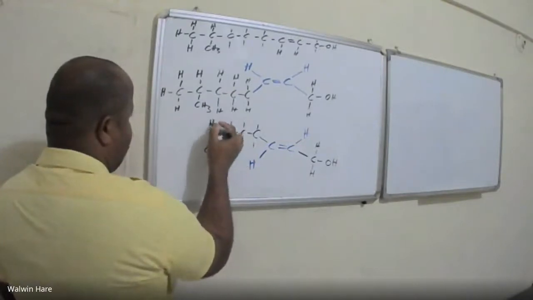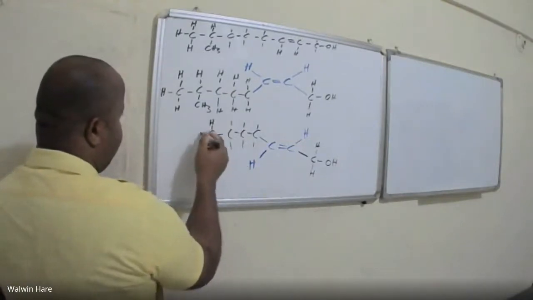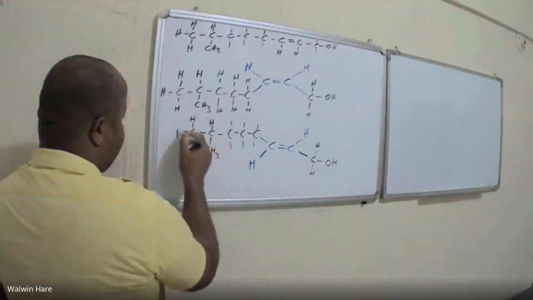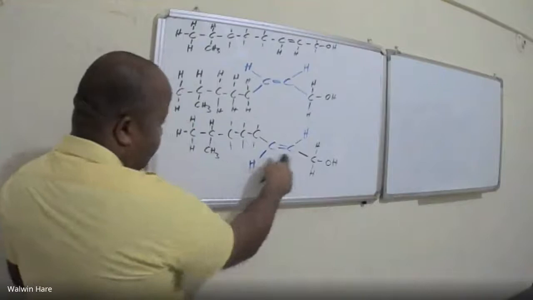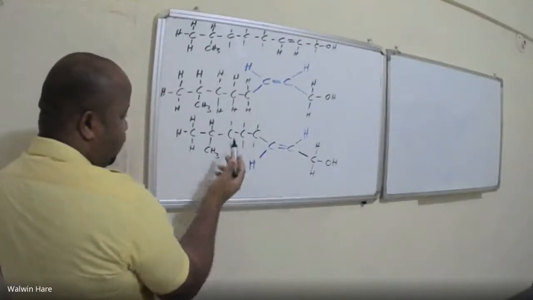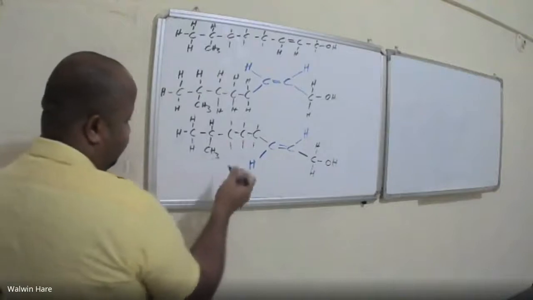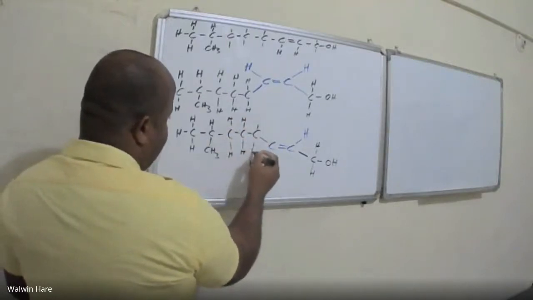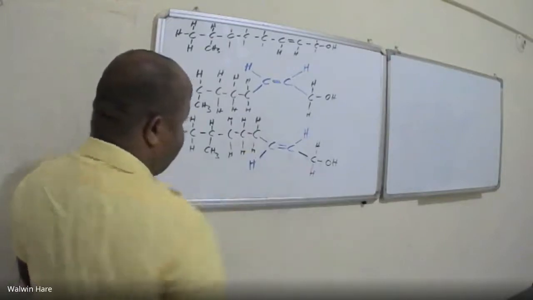You could have done the condensed formula if you wanted as well. Right? So you don't have to draw the structure. As in, you would do it for here, but then you could just write CH2, CH2, CH2, and continue. Right, so that is it.